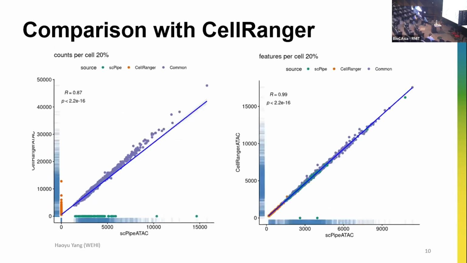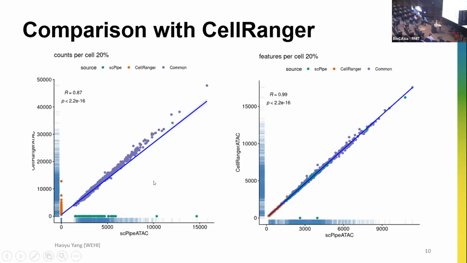And now these are plots that are showing comparison between, sorry, it's cut out here. So the y-axis for these plots would be the CellRanger results, and the x-axis are the scPipe results. And again, for the 20% data, on the left you will see the counts that are overlapping with the cells that are called from CellRanger and from scPipe.